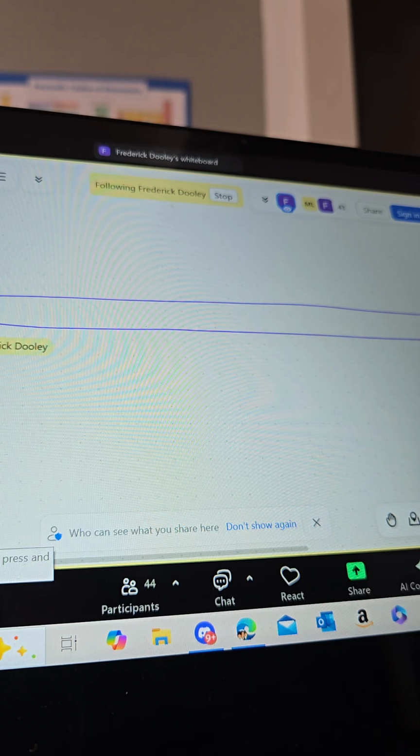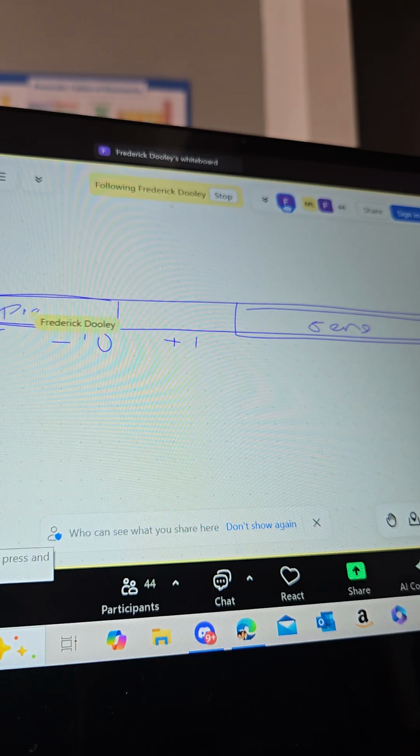You have your -35, -10, +1. This is your gene. This is called your promoter. Okay? That's it. On the simplest level, that is it. It tells it, build here, we're done.